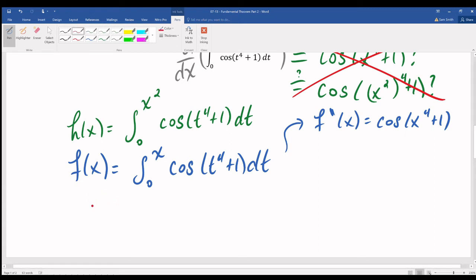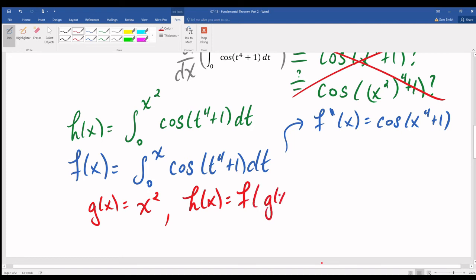However, our actual function h has x squared in x's position. In other words, our function h is equal to the composition of f and x squared.